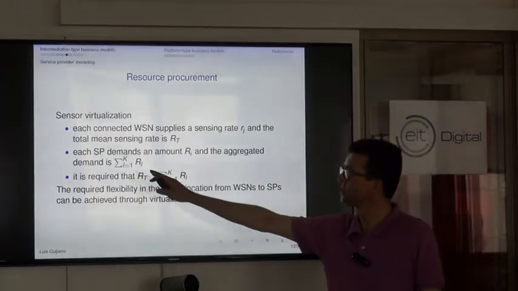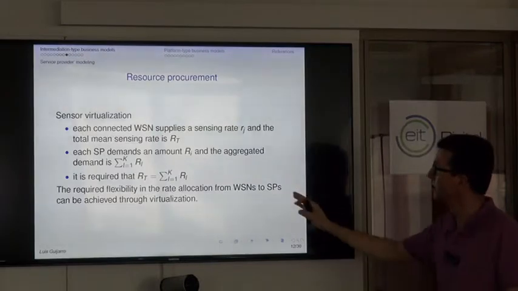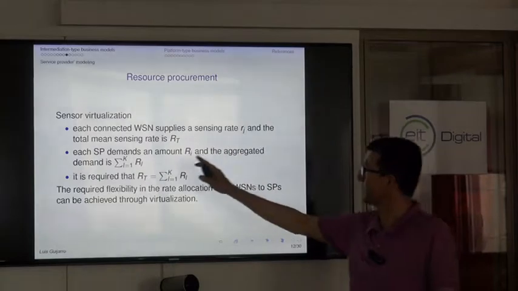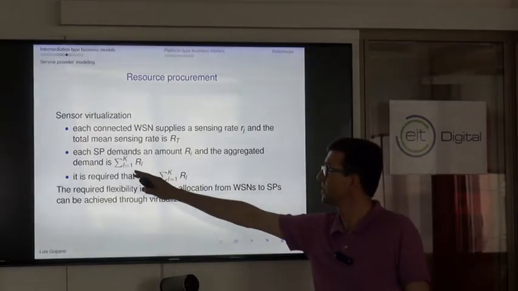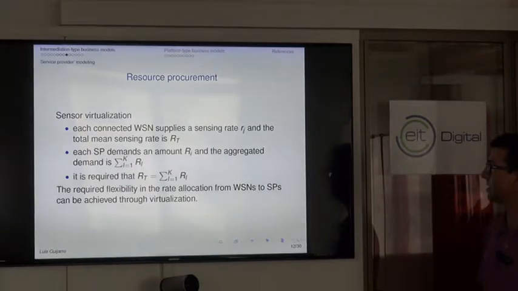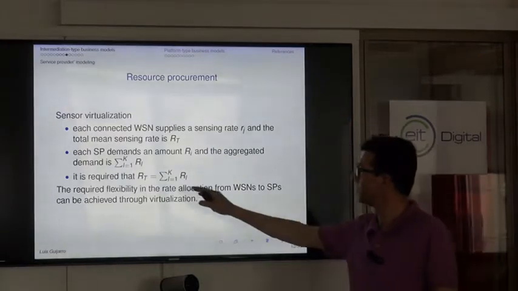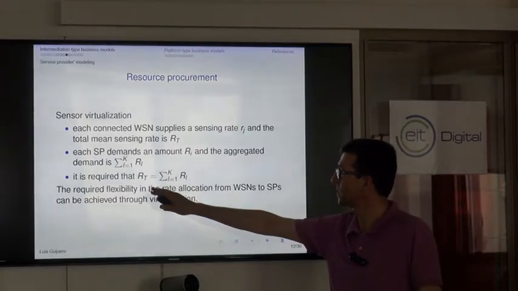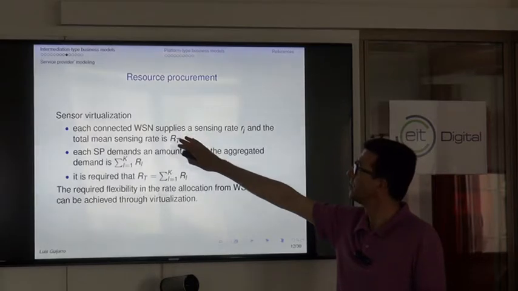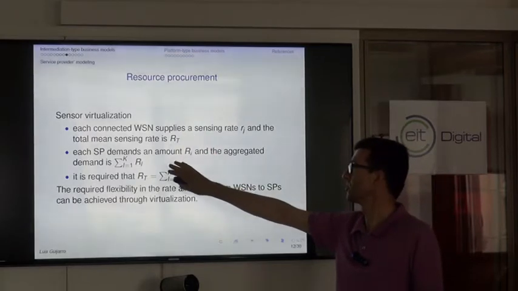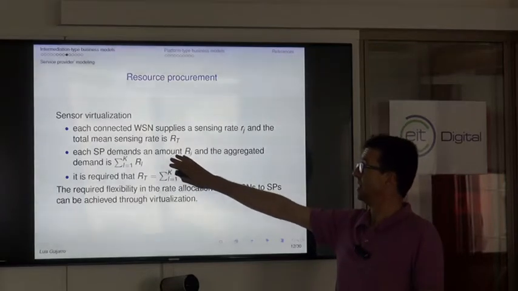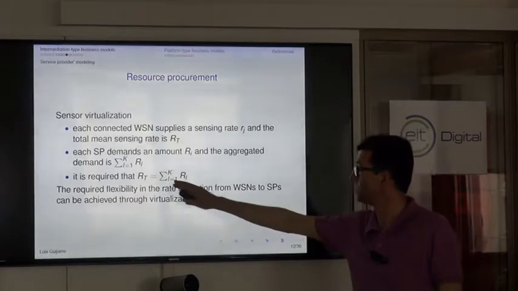On the other side, each service provider demands an amount Ri, and the aggregated demand is given by the sum of all capital K demands. So it is required that this total amount of sensing rate provided by the sensor networks is equal to the total amount of sensing rate demanded by the SPs.